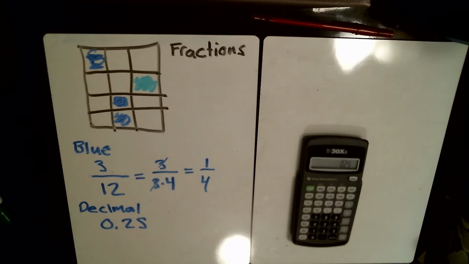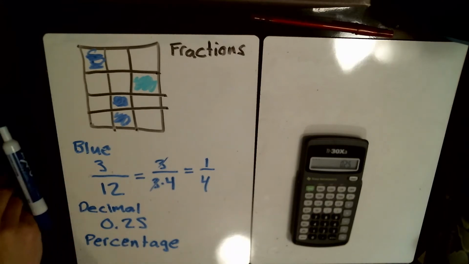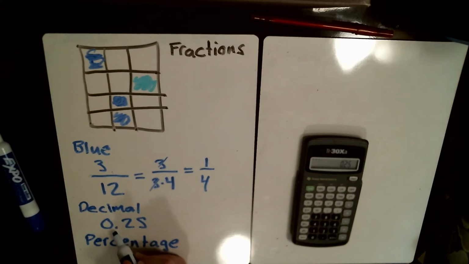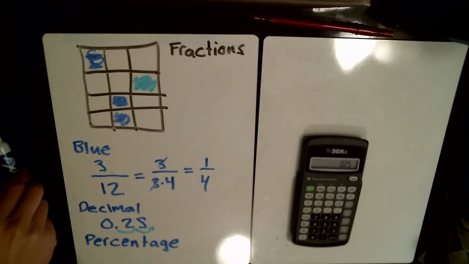Okay. And the last way that you could represent this is with a percentage. So a percentage, you can actually get straight from the decimal. All you have to do is move the decimal place over 2 places, because a percentage is out of 100. 100% is a whole.